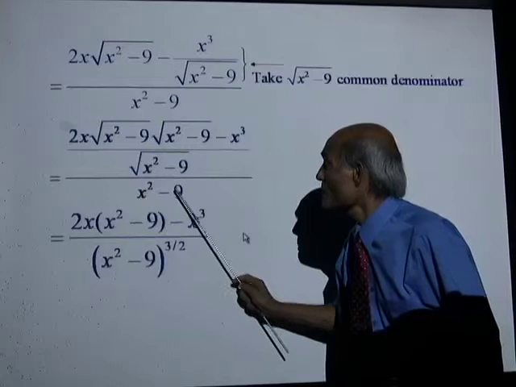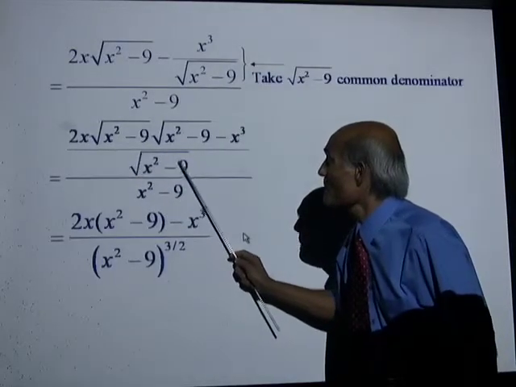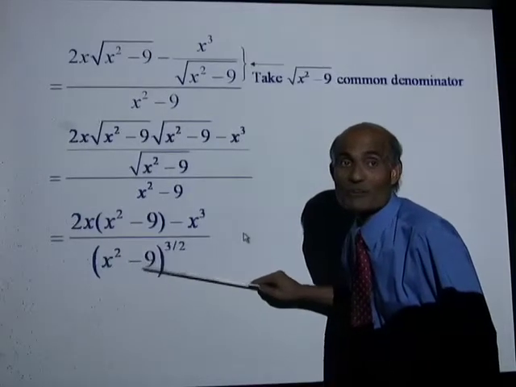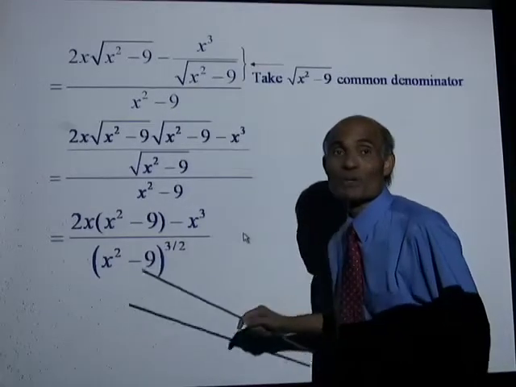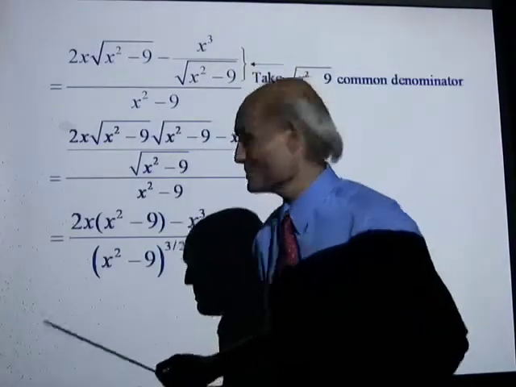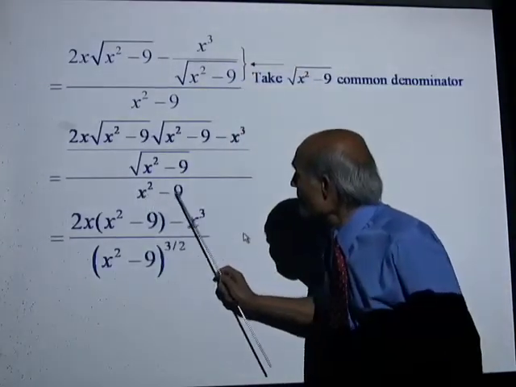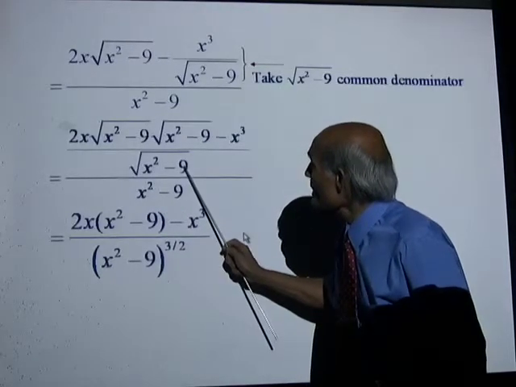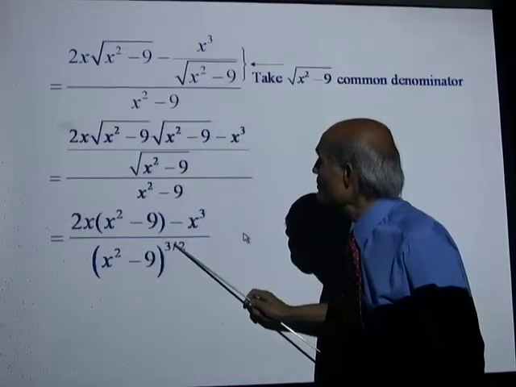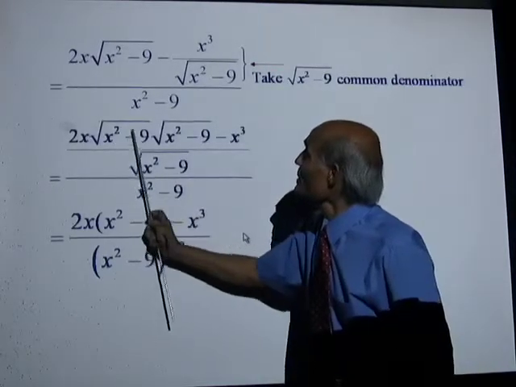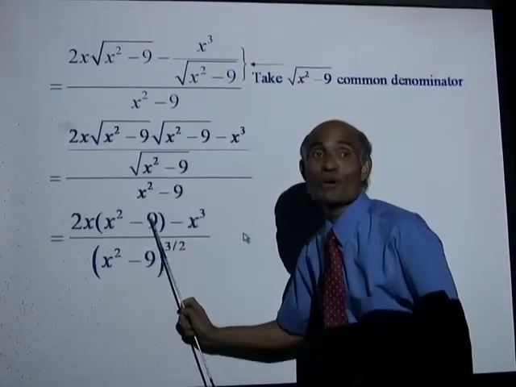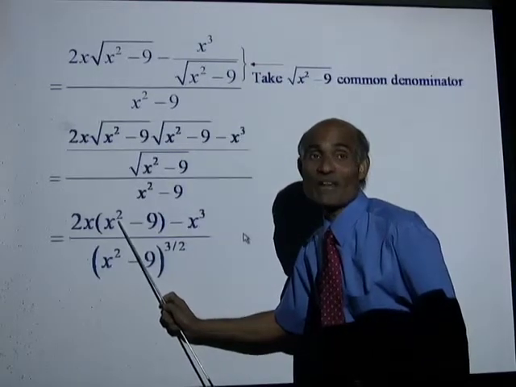Look at that, x squared minus 9 multiplied by square root of x squared minus 9 becomes x squared minus 9 to the power of 3 over 2. x times square root of x is x to the power of 3 over 2. And these two square root quantities get multiplied, the square root goes away. I hope you understand that.